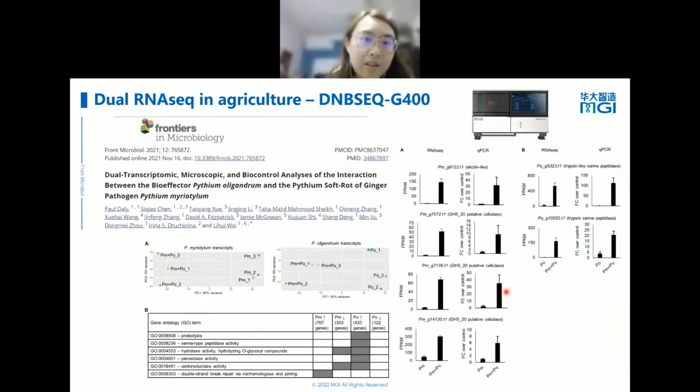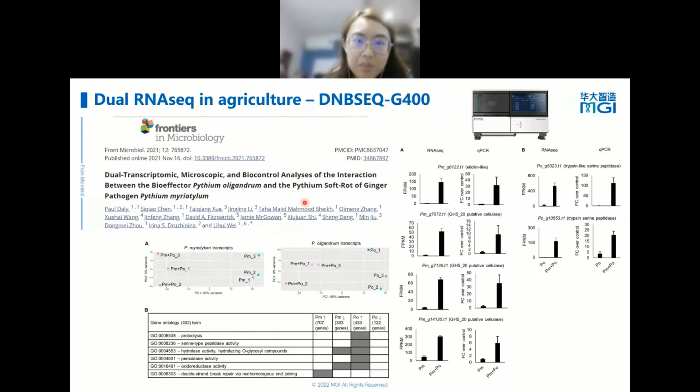Next, this is quite a new topic in Malaysia, I believe, but it is now widely used overseas. The term is dual RNA-seq, where researchers sequence both the pathogen's mRNA and the host mRNA, so they can see which genes interact with each other during an infection.